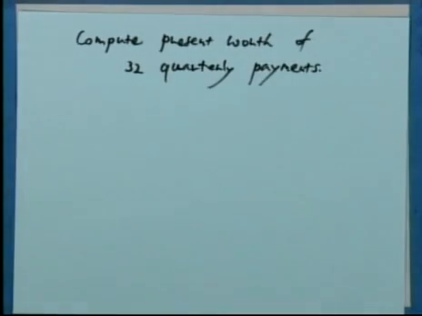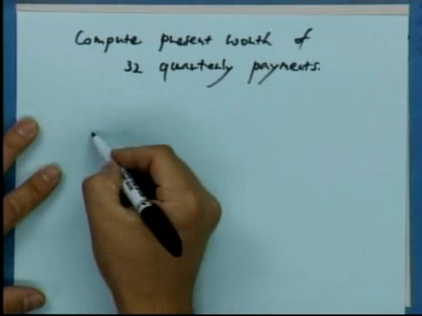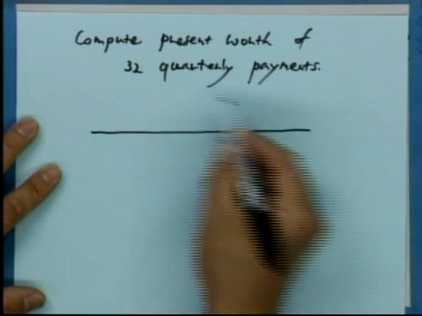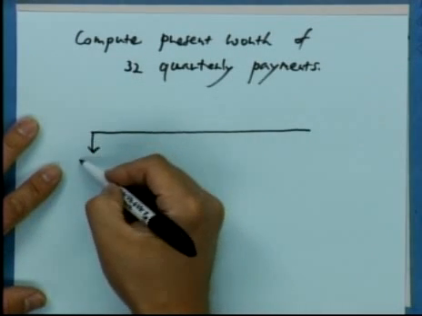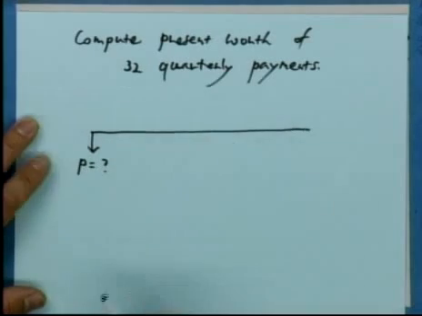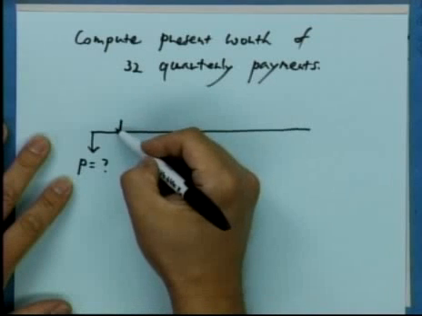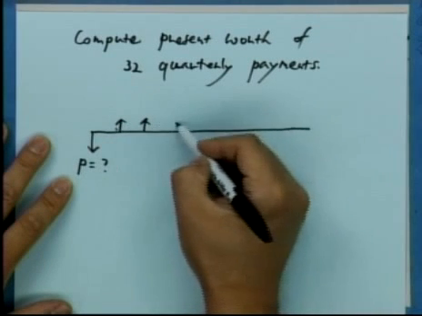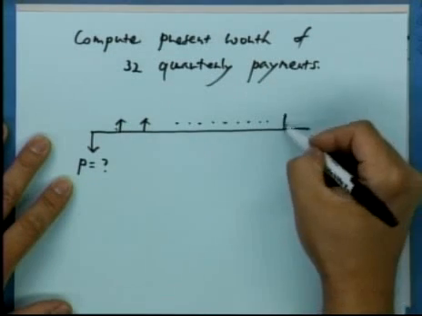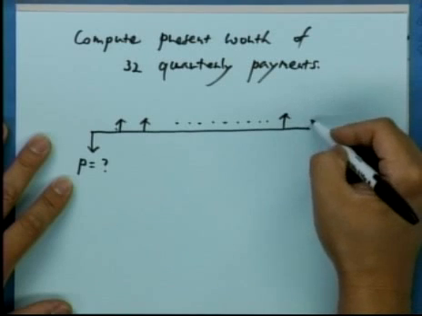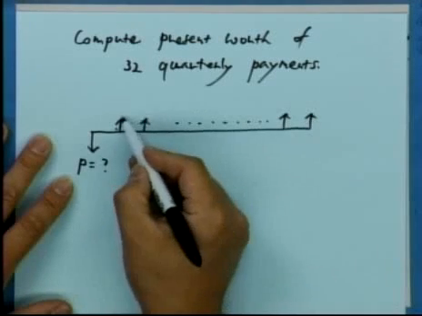So that's going to be something like this. You want to know the present worth of 32 quarterly payments.